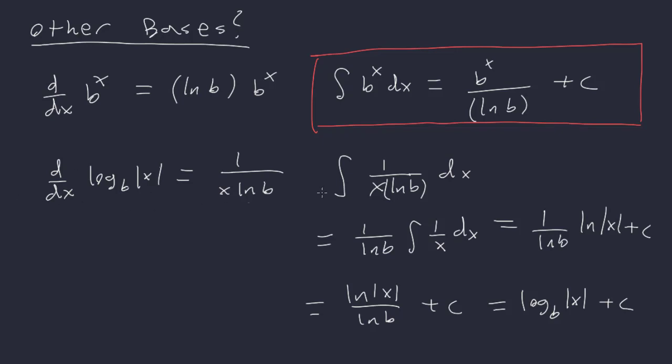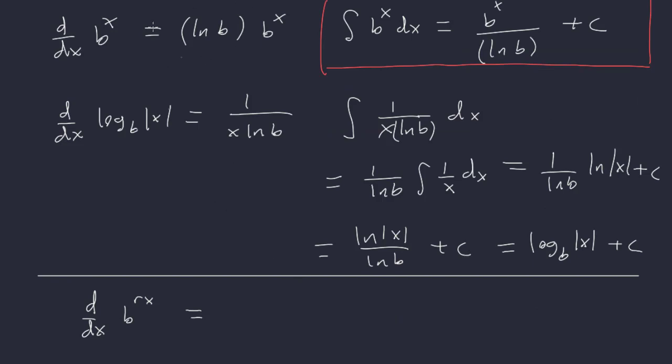I will admit this one doesn't come up as often, and partially it's because you can just do this. You can kind of change things around, you could even do that here, ln absolute value of x over ln b, and factor out the ln b. Okay, but here it is for posterity's sake.